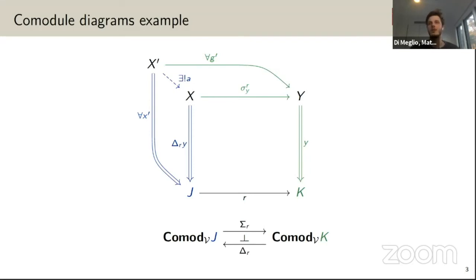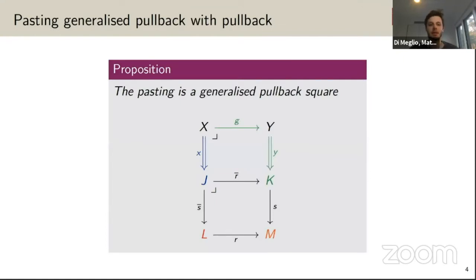And I just wanted to give an example of an interesting result that is most nicely stated using these diagrams. So I think we're all familiar with the notion that if I have two pullback squares in a category, then their pasting is a pullback. And so this proposition generalizes this result.